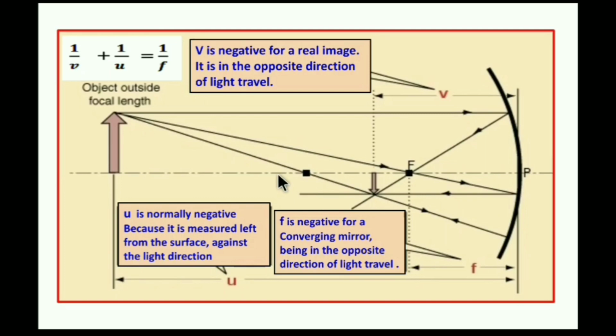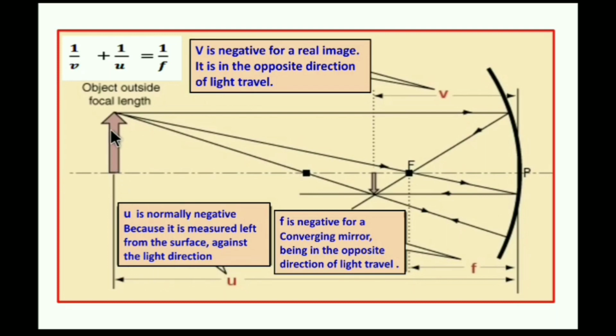If you observe this figure, this is the object. The distance from the pole P to the object is called the object distance. Object distance u is normally negative because it is measured to the left of the surface, against the light direction.